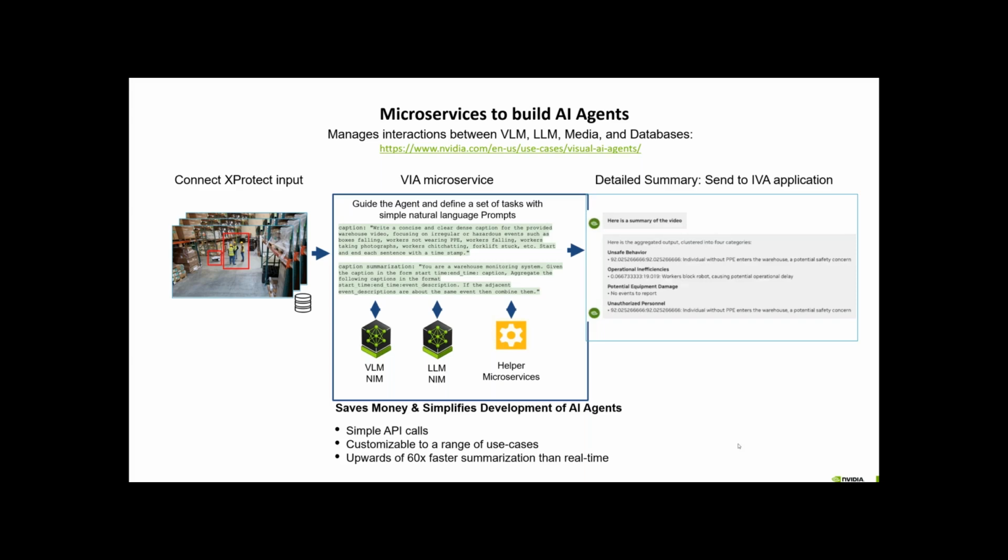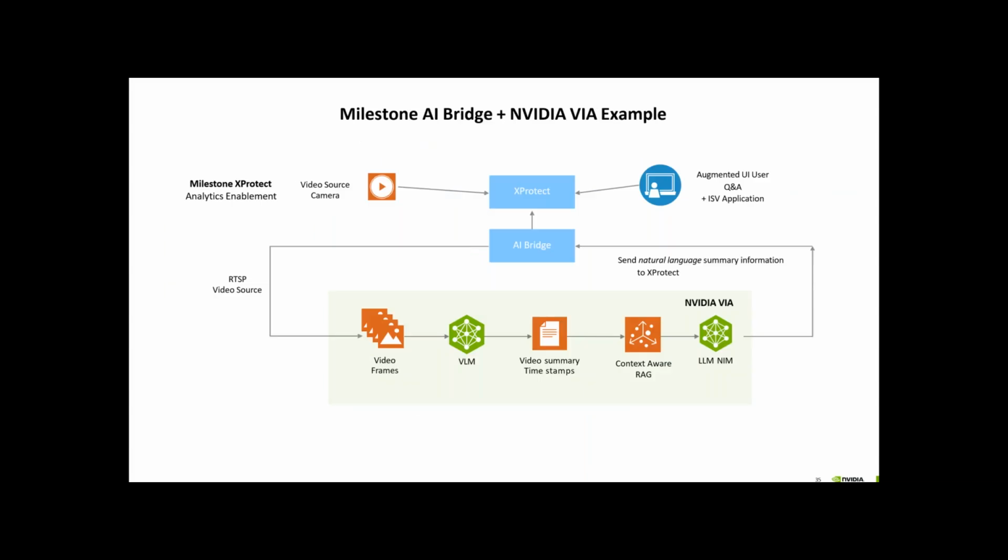And underneath the covers, it is using a vision language model. It is actually using the vision language model VILA. So this diagram is showing an architecture, and it's just showing you an example where you will have your ISV application where you have a user interface somewhere, and then it is connected to the XProtect client.